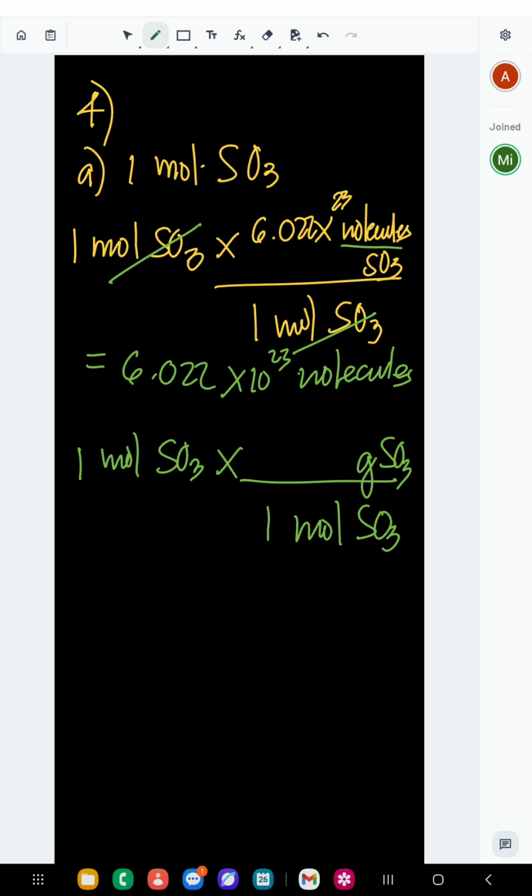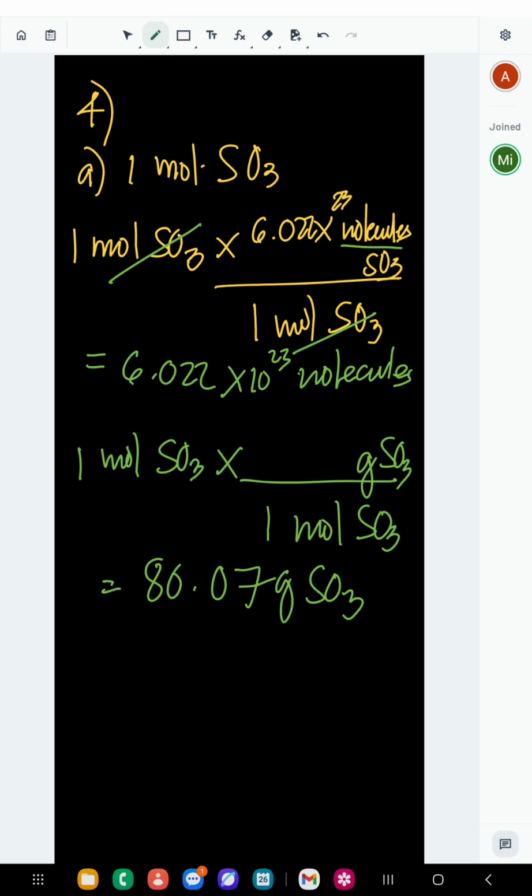So that is 80.07 grams SO3. That is the value of 1 mole of SO3.